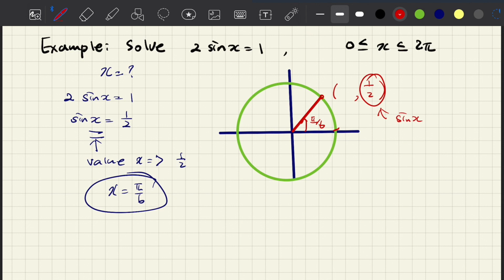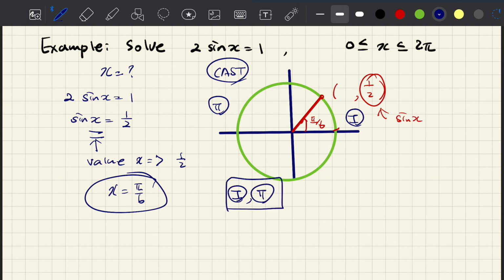So we know that in the CAST diagram, the only quadrants that give positive sine values are the first quadrant and second quadrant, okay?